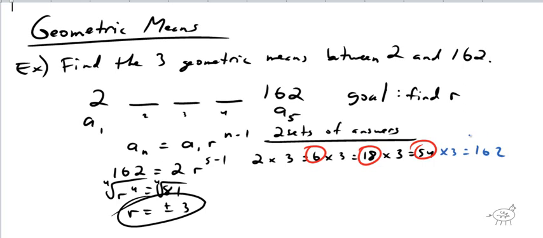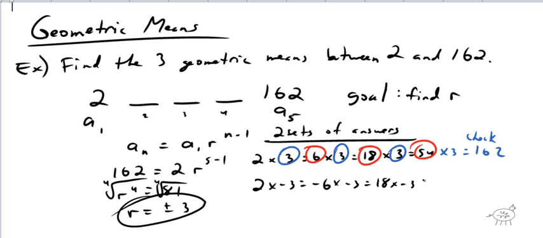Okay, that's not our answer, but that's the check. Now, I used positive 3 here, but now we're going to use negative to test it out. So it's going to be 2 times negative 3 is negative 6, times negative 3 is 18, times negative 3 is negative 54. Again, to check it, times negative 3, that gives us positive 162.